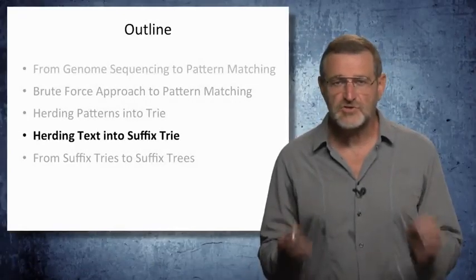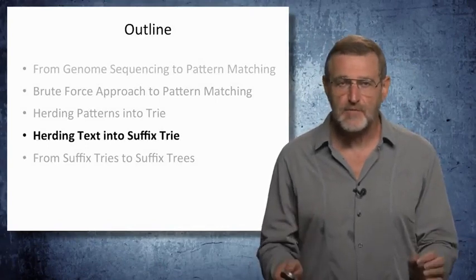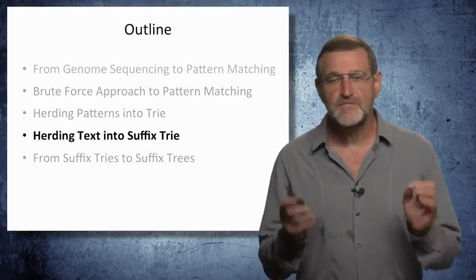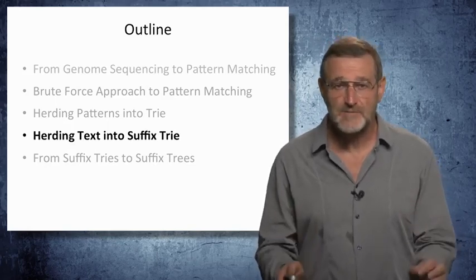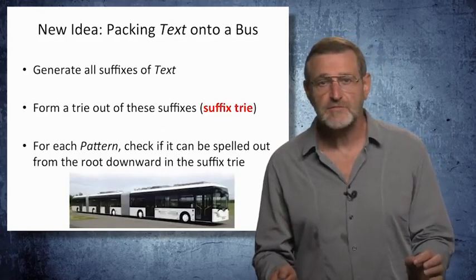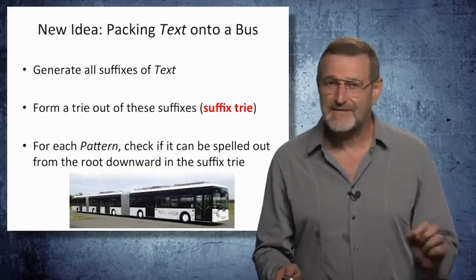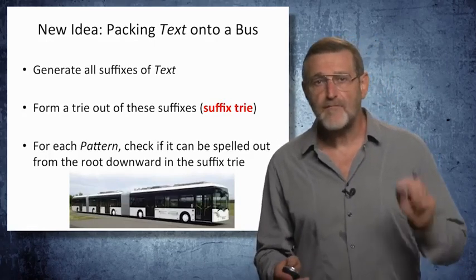Recall that the runtime of our brute force approach was O of text times patterns, where patterns is the total length of all patterns. That's why it was slow. The total length of all patterns is huge in the case when we try to match reads against the genome.